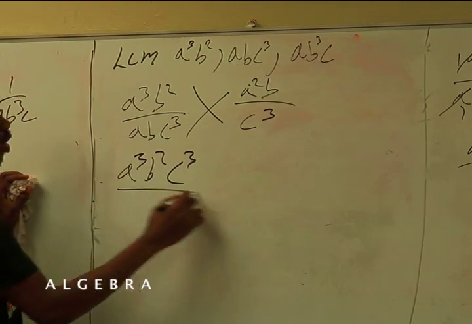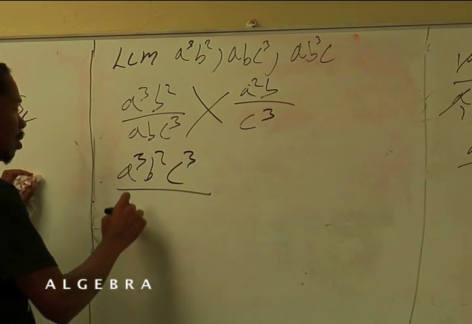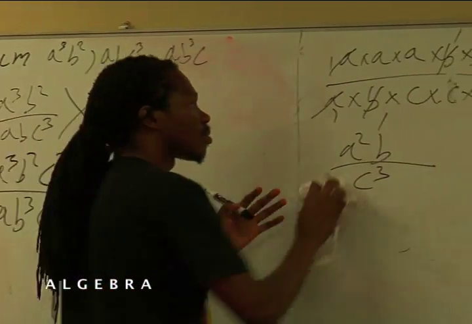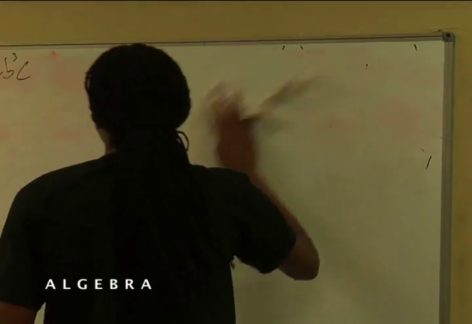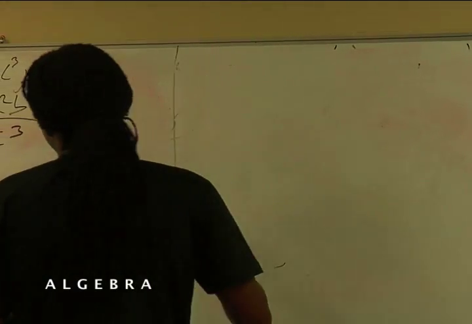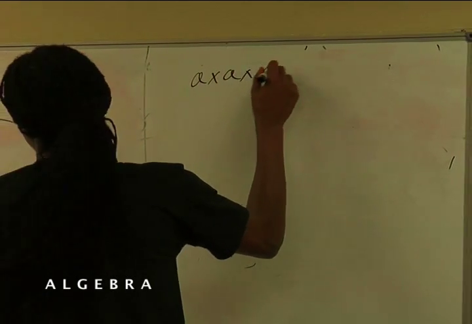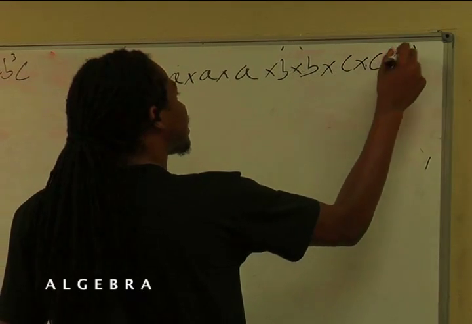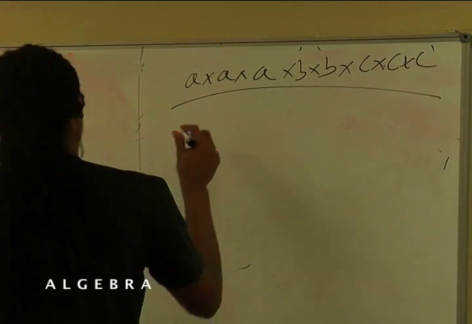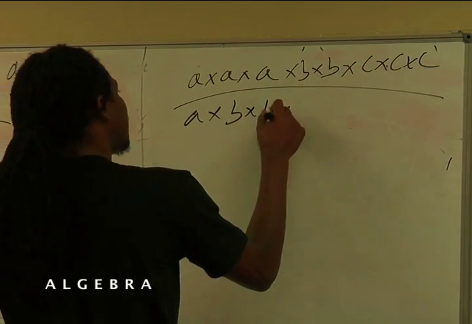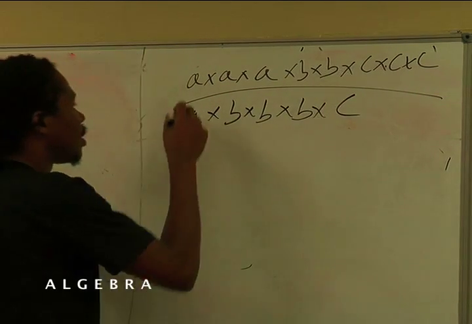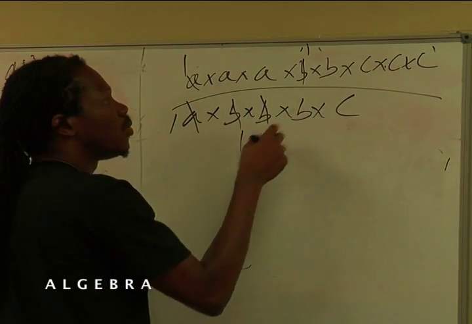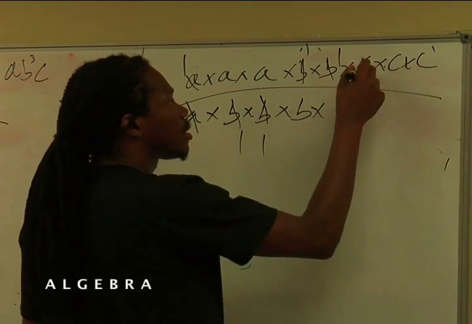We're going to have this over the other one, a b cube c, crisscross. a times a times a times b times b times c times c times c all over a times b times b times b times c. a 1 1, b 1 1, b 1 1, c 1 1.